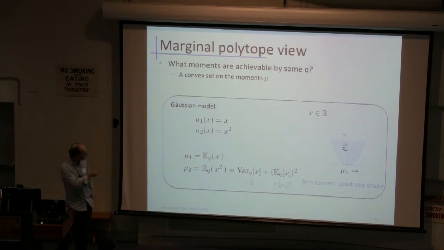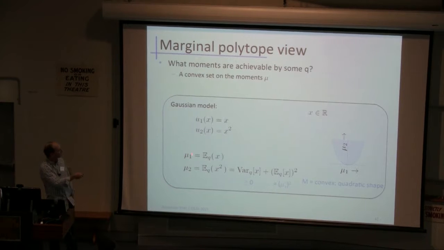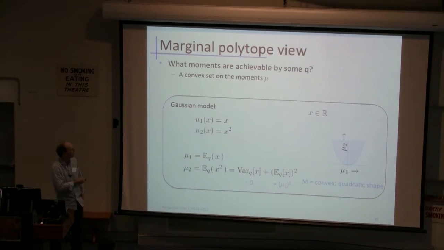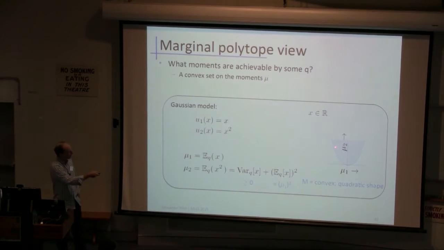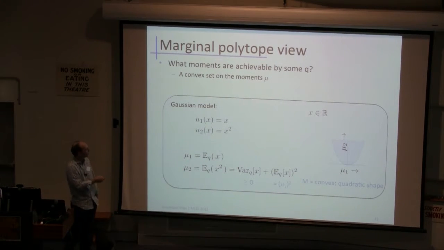If you think about the set of possible values of these two moments that can be achieved by any Gaussian distribution, well, the mean can be anything, so we'll put that on the x-axis. And then this second moment is some non-negative variance plus the mean squared. So the set of possible pairs, mu1, mu2, corresponding to any Gaussian is this convex quadratic set.